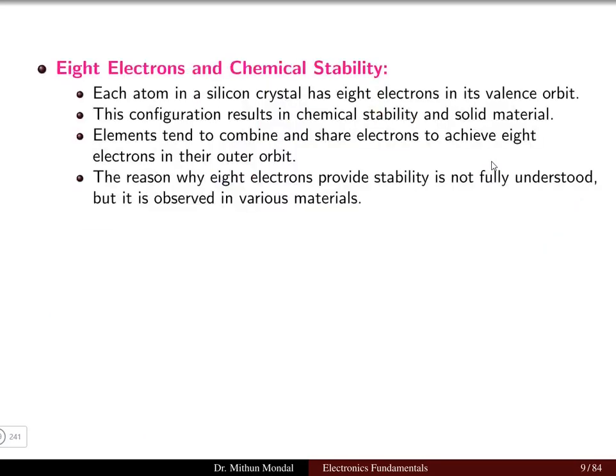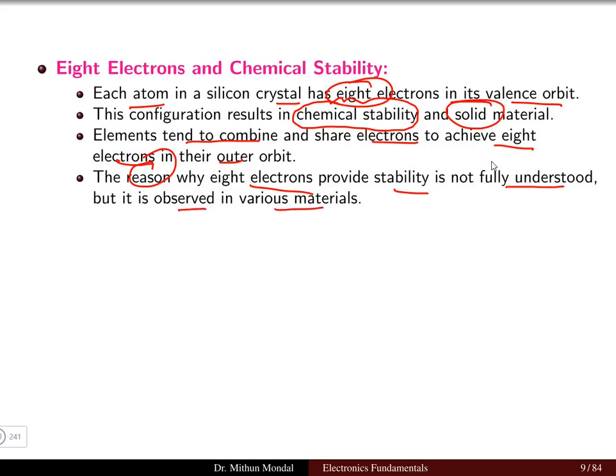Now each atom in a silicon crystal has 8 electrons in the valence orbit, and this configuration results in chemical stability and gives a solid material. The tendency to combine and share electrons to achieve 8 electrons in the outer orbit, the reason why 8 electrons provide stability, is not fully understood, but it is observed in various materials. So why 8 electrons give better chemical stability and a solid material is not fully understood.